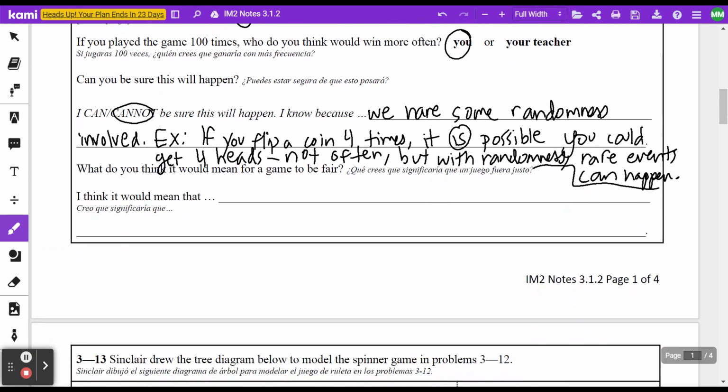Okay, and then there's this question, what would it mean for a game to be fair? And it's not even really a question. There is a specific answer.